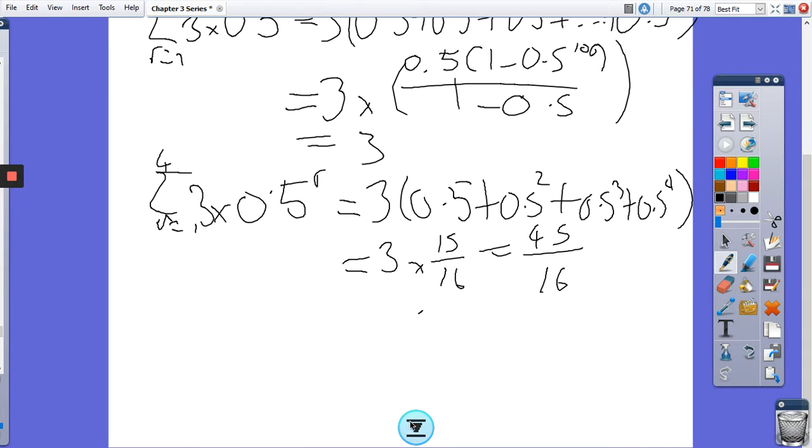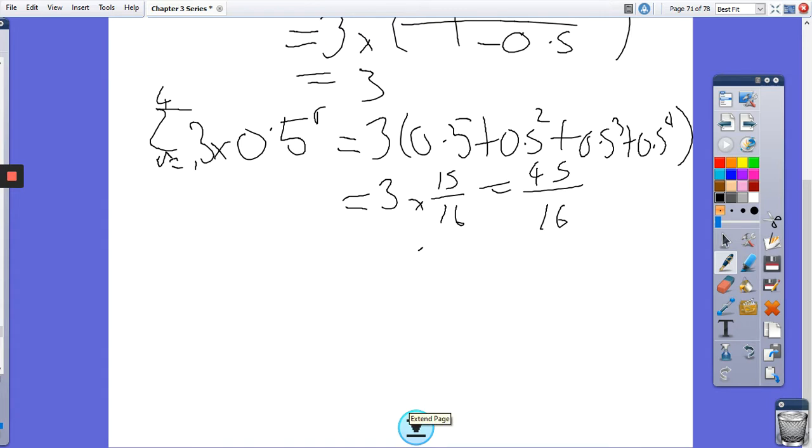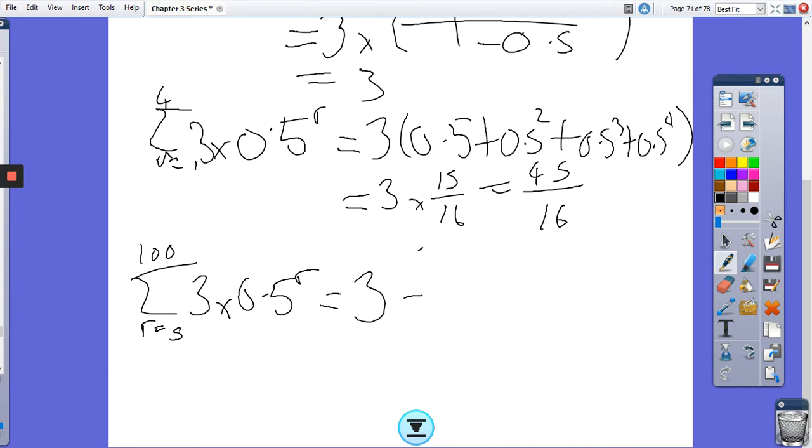which is 45 over 16. So to finish off, to work the two bits out, you needed to do r equals 5 to 100, 3 times 0.5 to the r, and here you're going to get the 3, and you're going to take away the 3 times 15 over 16, which if you take out a factor of 3 and then do 1 take away 15 over 16, you're going to get 3/16.